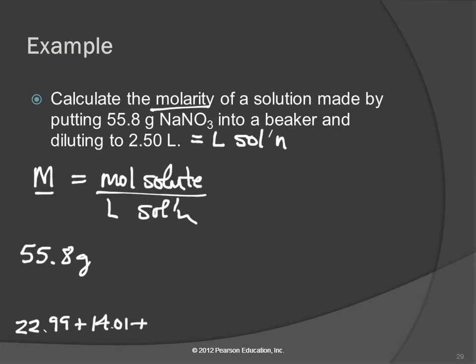These are coming off the periodic table. 3 times 16 for the oxygen. You add them together. 22.99 plus 14.01 plus 3 times 16 equals 85. Which is kind of weird.